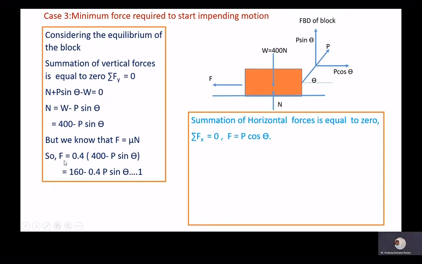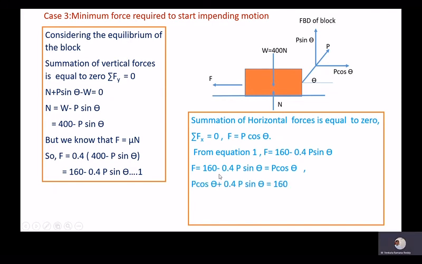Then substitute F is equal to 160 minus 0.4 P sin theta in this equation. Then it becomes 160 minus 0.4 P sin theta is equal to P cos theta. After simplification, we'll get P cos theta plus 0.4 P sin theta is equal to 160. Then P is equal to 160 by cos theta plus 0.4 sin theta. This is equation number 2.